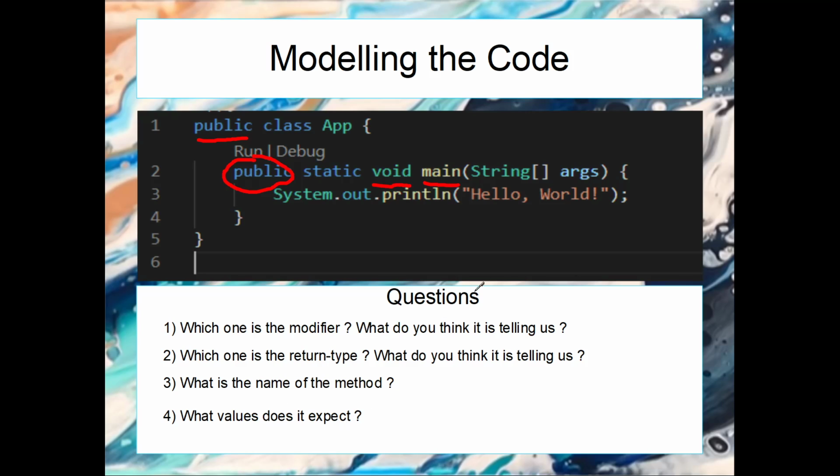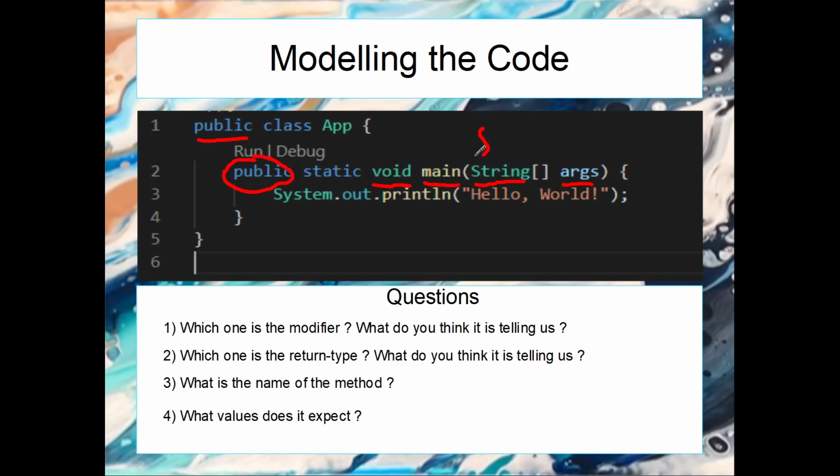This is a little bit more of a tricky one. We see this is a string, so it's saying that it's expecting a string, but because of the arguments here, args, it's saying that it will accept multiple arguments or none. So it's not actually expecting anything.